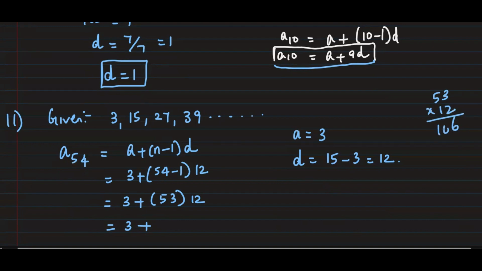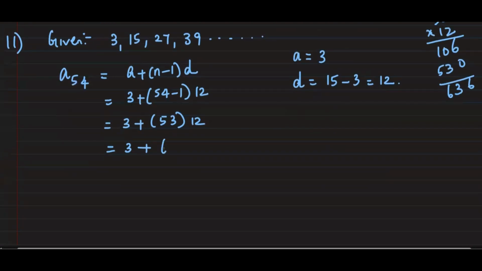So 53 into 12 is 636. So 3 plus 636 will become 639. So the value of A54 is 639.